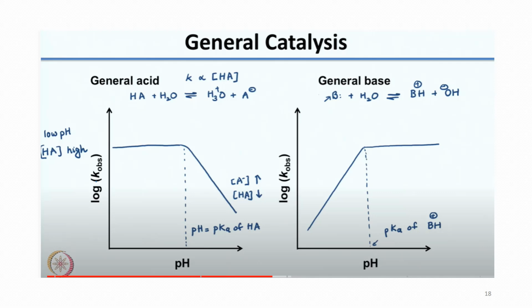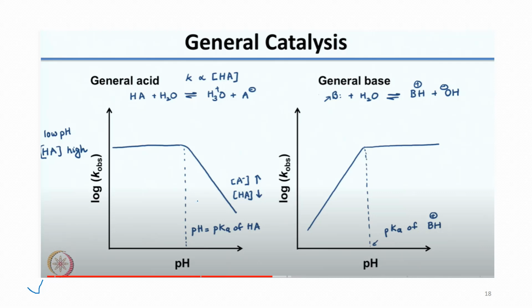If you want to check the change of rate with the pH, in case of an acid catalysis reaction, initially at low pH, the rate of the reaction is independent of pH.